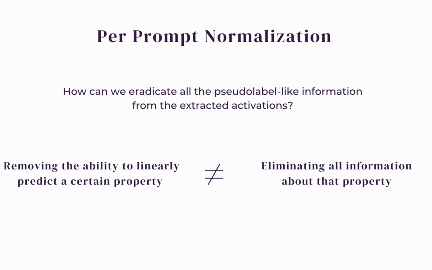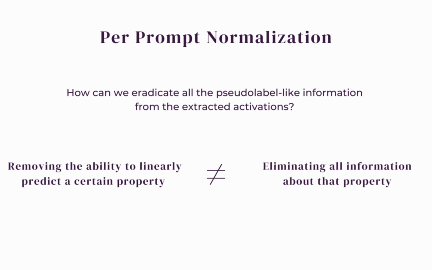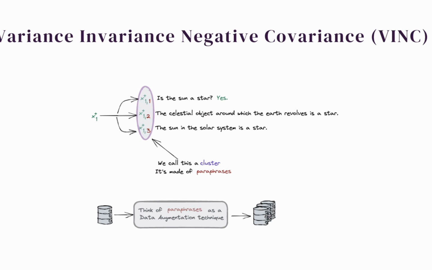The development of VINC was spearheaded by Nora Belrose and Alex Mallon, to whom we want to extend our gratitude. We hypothesize that the probability of a sentence being true should not change if we paraphrase that sentence. So, we augment our data by paraphrasing existing sentences.